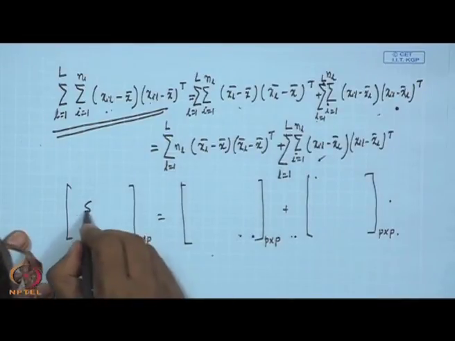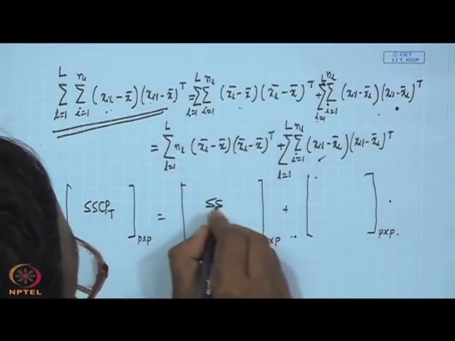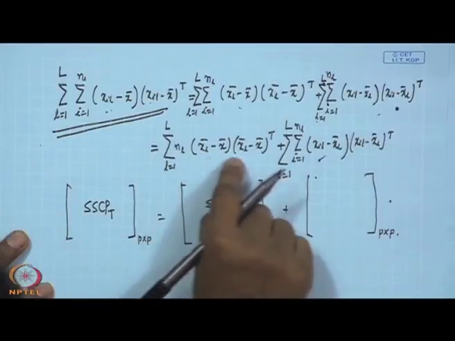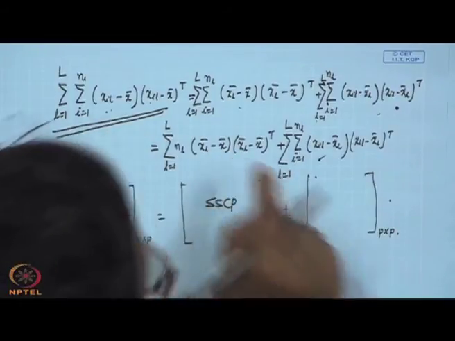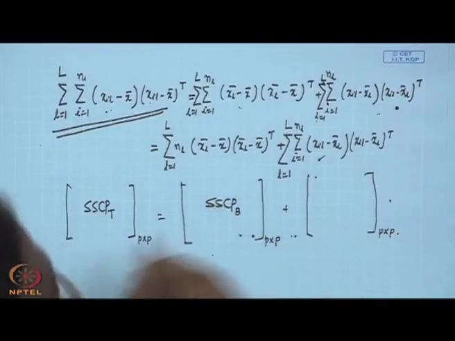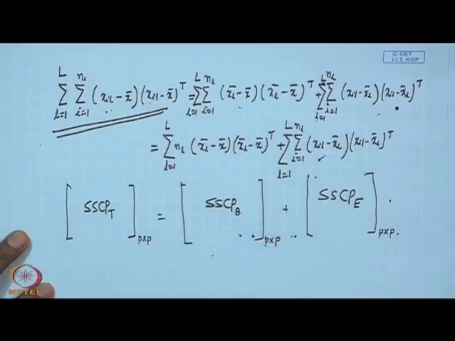So, this one is SSCP total, and this is SSCP between, the difference between the population mean vector and the grand mean vector. Then this one is SSCP error.